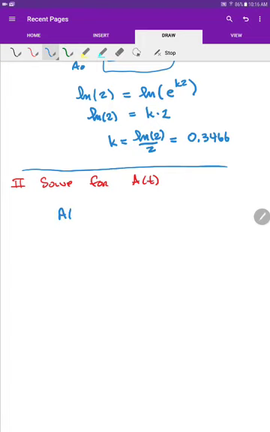A of t equals A0 e to the kt. You can look back at the problem statement; you're going to see that A0 was, I think, 3 grams. So I'm going to put 3 here, leave off the grams, e to the k, 0.3466, very high growth rate.